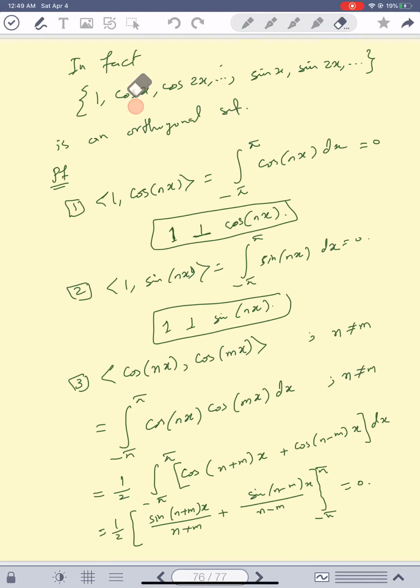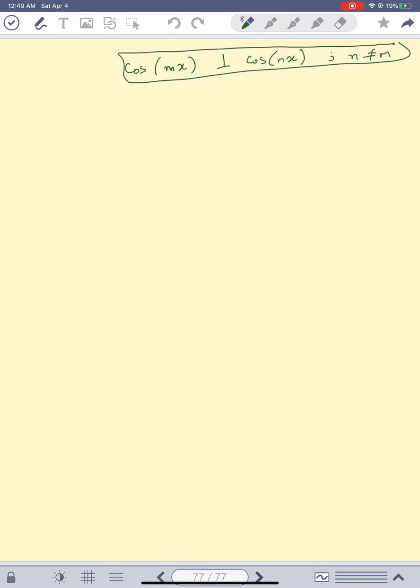So in my next computations, I want to look at the cosines. If you take any cosine and you compute its inner product with any sine, the first one is n, the second one is m. But the n and m here can be the same, because if n and m are the same, the two functions are still not the same.